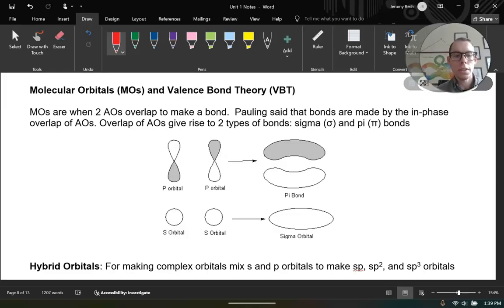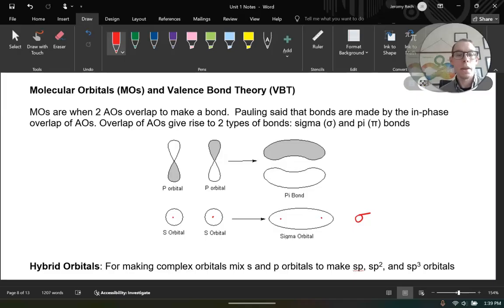So s orbitals, both being spheres, if you mix those together to form a bond, so remember, this is for example one atom, and here's another one, so you have your two dots where they're located. Those orbitals can come together and form a sigma bond, or a single bond between your different orbitals.